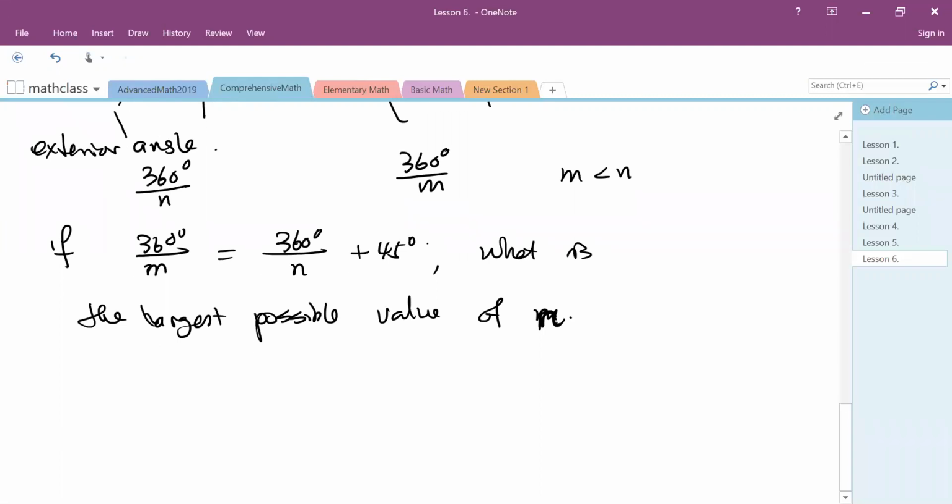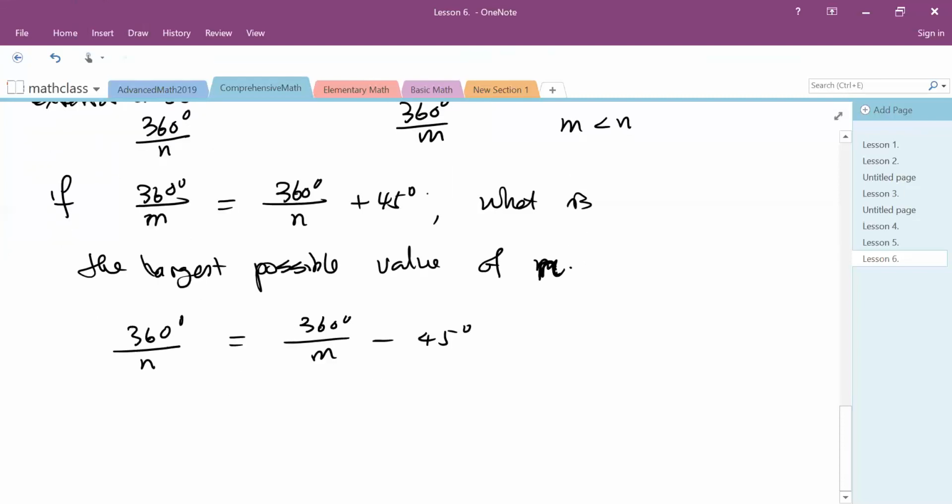So what should you do? Well, you have to simplify a little bit, right? Solve for n. That's my suggestion. So solve for n. 360 degrees over m minus 45 degrees, right? But actually, you can divide both sides by 15 if you want to simplify a little bit, because every term contains 15.